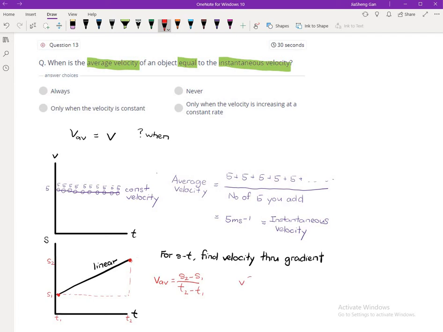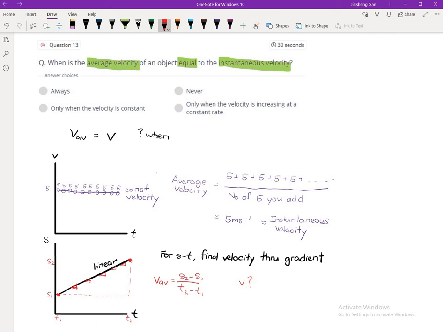But how about v, the instantaneous velocity? We can do it by drawing small triangles here and get the gradient. And draw a little triangle here and get gradient. Just like how you do it. As that this triangle is very small because you want to find the gradient at that particular moment.